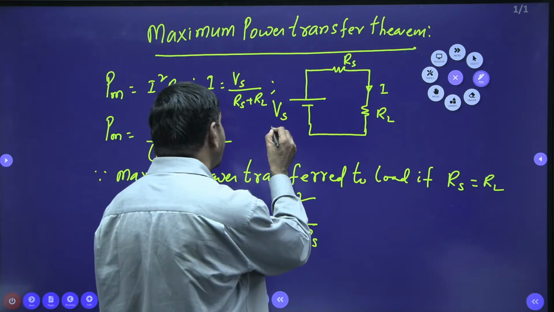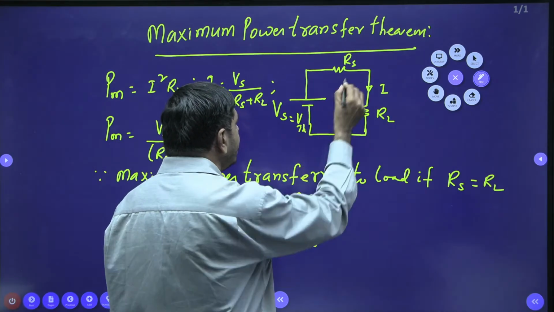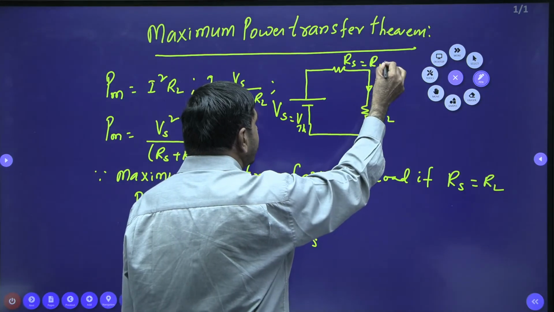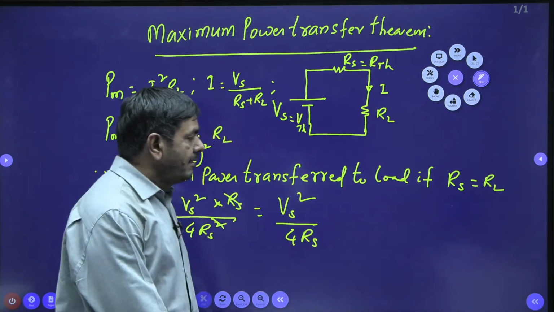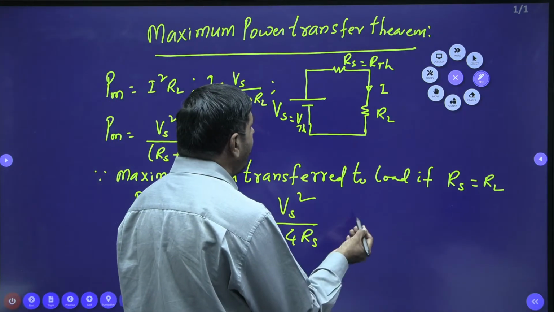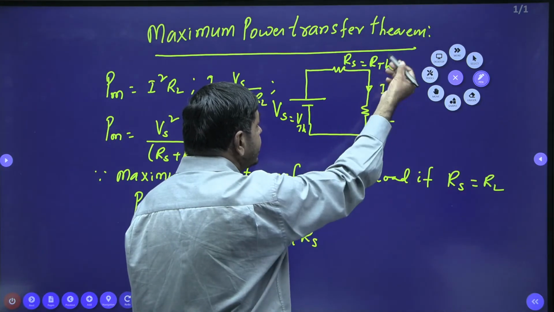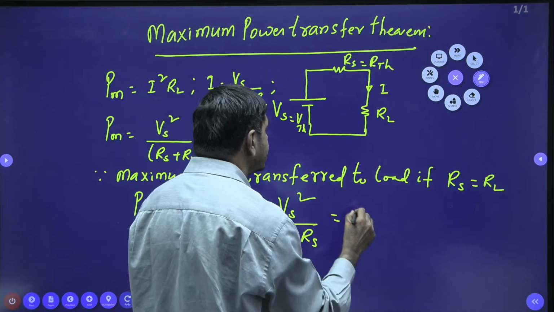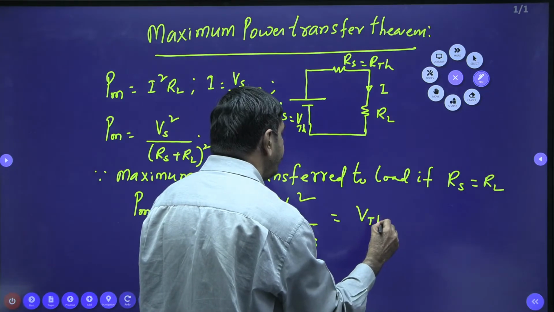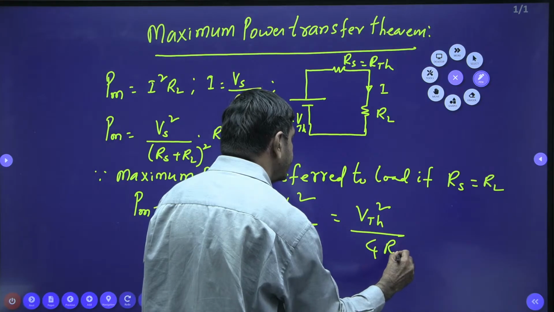That is why I can write Vs equal to VTH and Rs equal to RTH. From this, RL equal to RTH, and I can write Vs square as VTH square by 4 RTH.